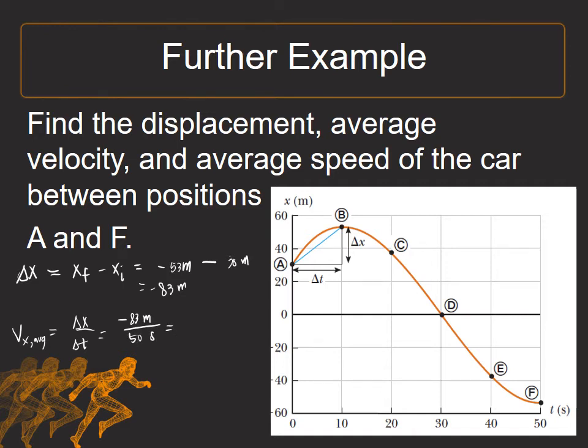So, yun nga po yung 1.66 meters per second. Negative siya kasi negative yung displacement. And yung average speed, na-compute na natin kanina, that is 2.54.